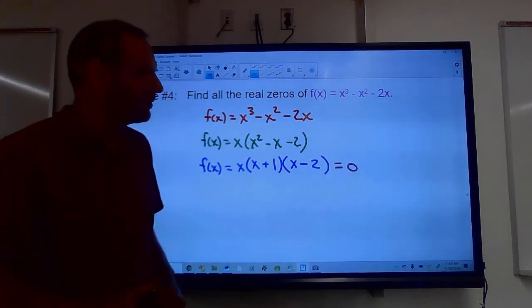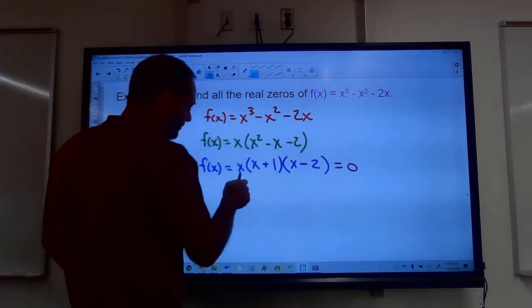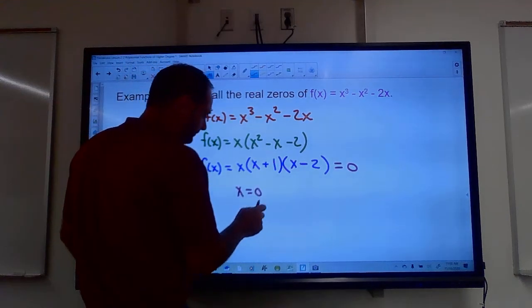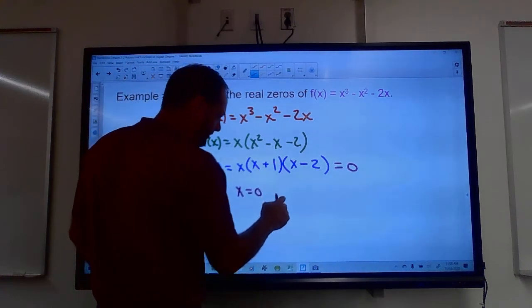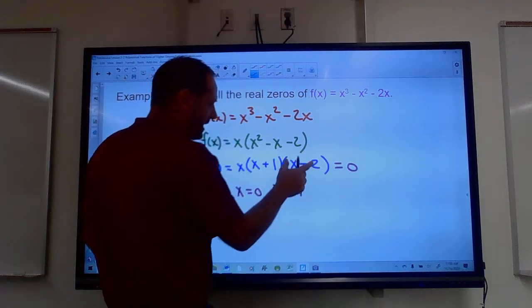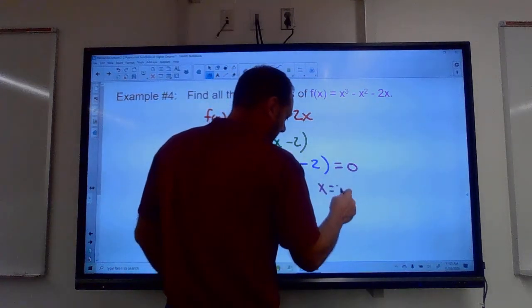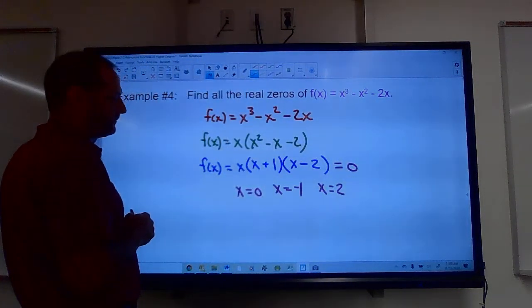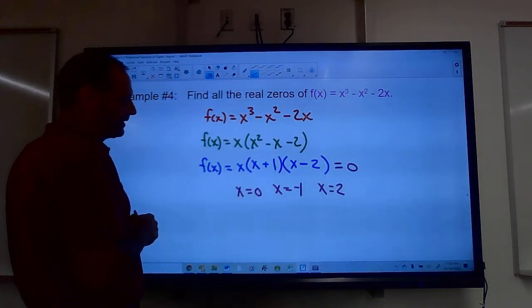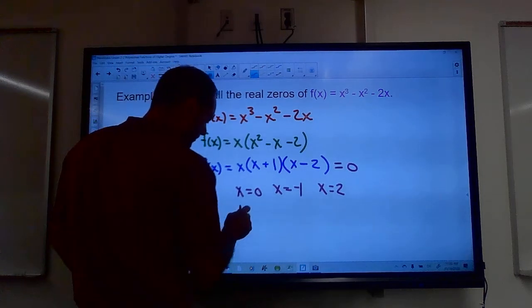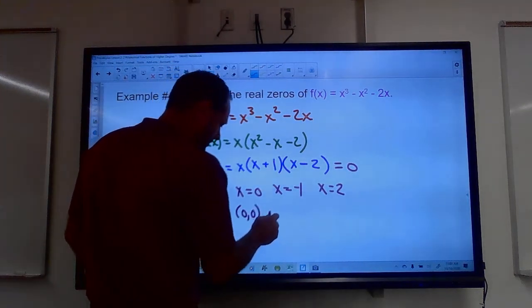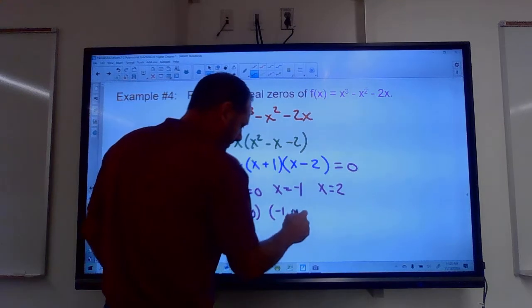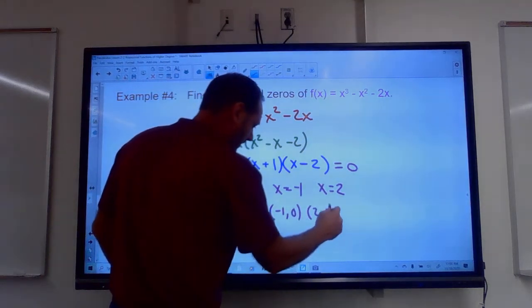It has to have a 0 as one of those numbers. So if this one's 0, then x is 0. If this one is 0, x is negative 1. And if this one's 0, x is positive 2. There are my zeros: 0, negative 1, and 2. You could write them as (0, 0), (negative 1, 0), and (2, 0) if you like.